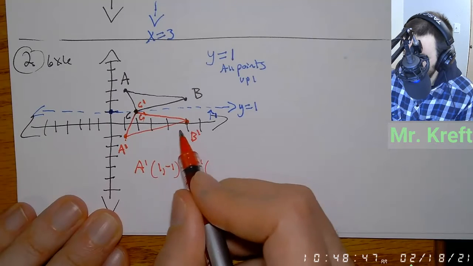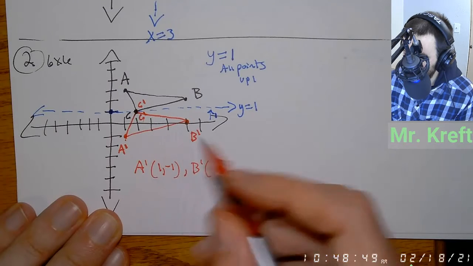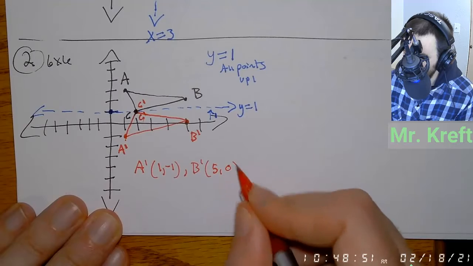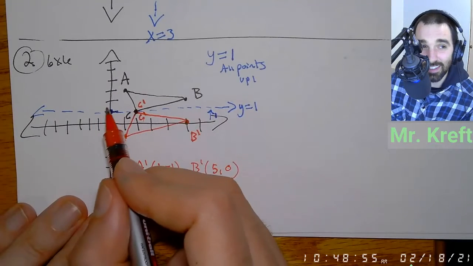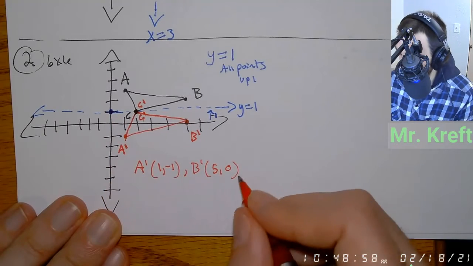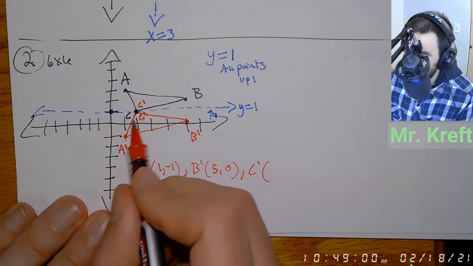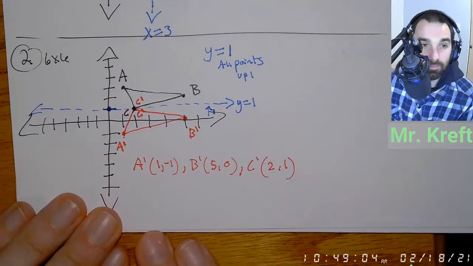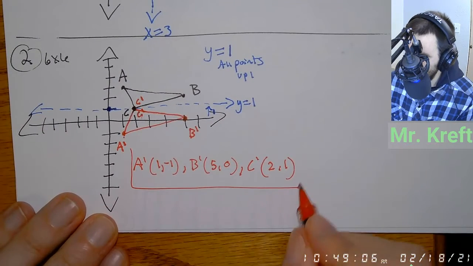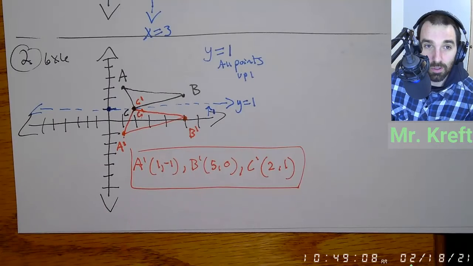B prime is 1, 2, 3, 4, 5 to the right, up or down, nothing. And again, make sure you make this a dashed line or else you're going to think this is 0, 0, and that's confusing. And then C prime is the same as C. It didn't move.